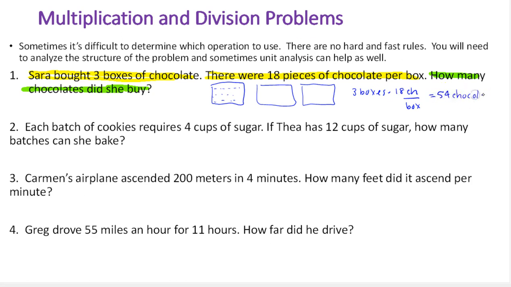And again, the unit analysis using the units of measure isn't really necessary, but notice how nice it is that it really shows you that you set the problem up correctly. So we wanted to find how many chocolates. That's what we found. If we had divided it, we actually would have gotten boxes squared divided by chocolates. It would have been something that was nonsensical. Let's look at the next one.